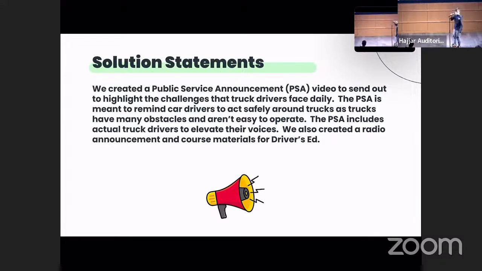It also features two truck drivers, to elevate their voices. We also sent it to different radio stations, and created some course materials for drivers ed classes to further educate them about truck safety.